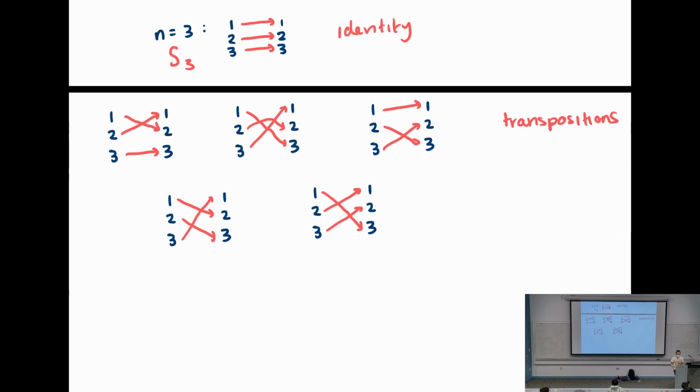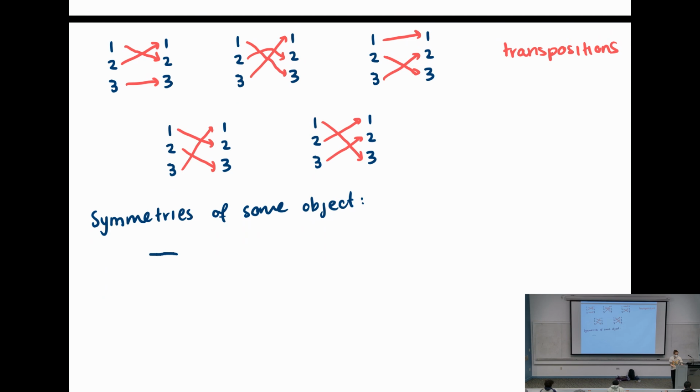Yes, so you can have symmetries of some object. And this can take place in any dimension, but maybe the simplest example is if we're looking at a square in the plane, what can we do to this square to get back the square? We could flip it horizontally or vertically. So we have the horizontal flip, and the vertical flip.